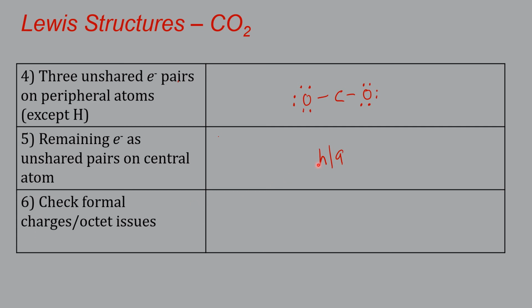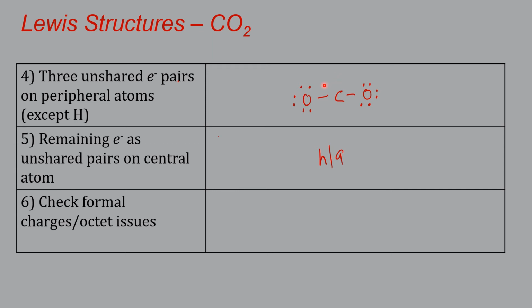By octet counting, let's look at that first. The oxygen actually has an octet. So it's got these 6 unshared electrons and the shared pair bringing it up to 8. Same for this oxygen.